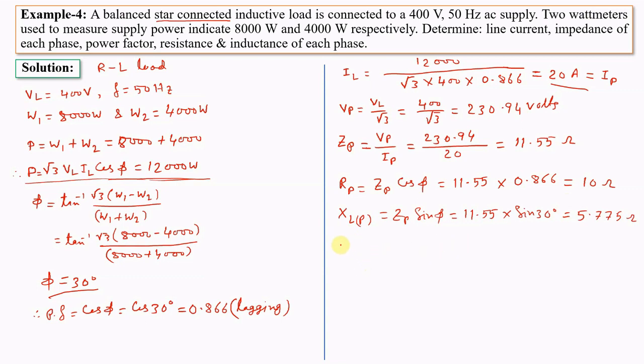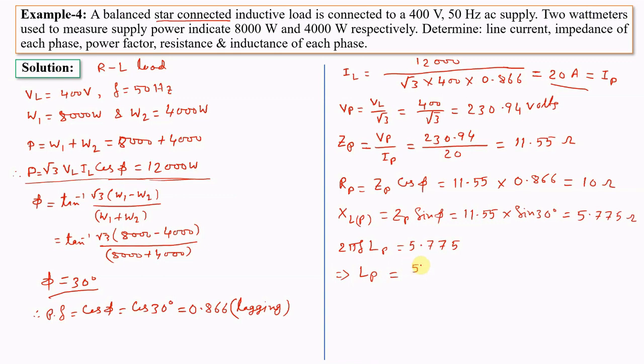The inductive reactance is also represented as 2 pi FL, and it is 5.775. From there, we can find the value of inductance per phase.